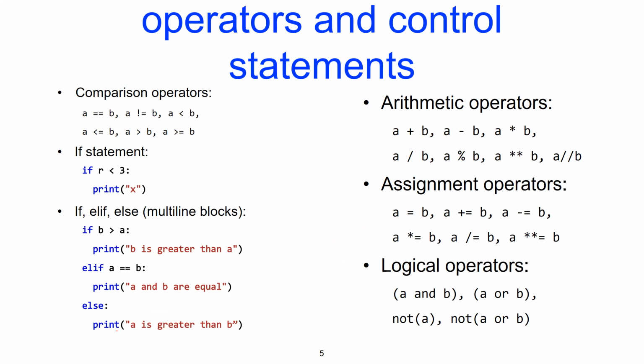Then we have a set of different operators. Some of the operators will be very similar to those in languages you have already learned, but try to see the difference. I will try to emphasize what the differences are from MATLAB and from C programming. This set of comparison operators is more or less what you expect, right?